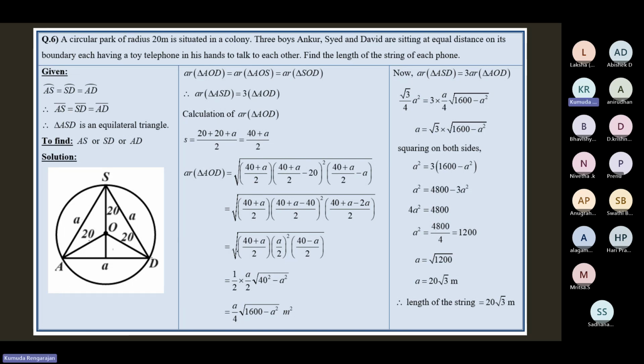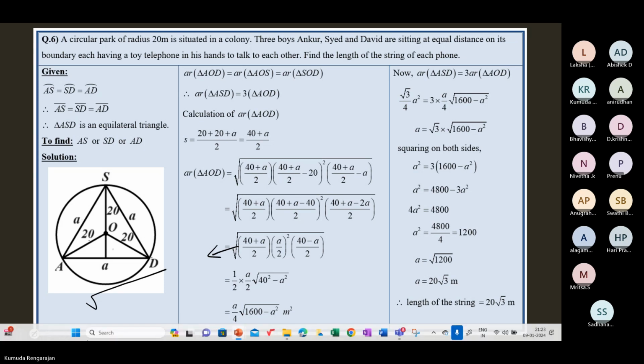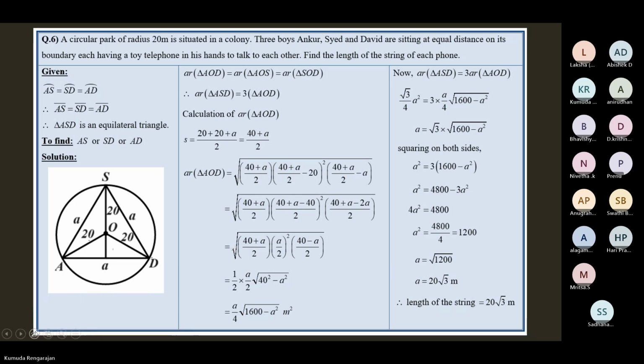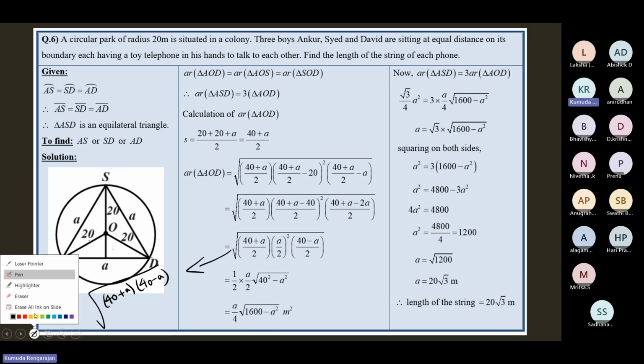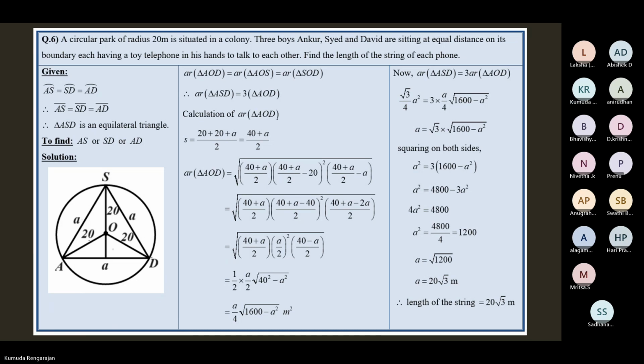See, this step can be interpreted like this. In this step, we have square root of 40 plus A into 40 minus A. Then that by 2, no?